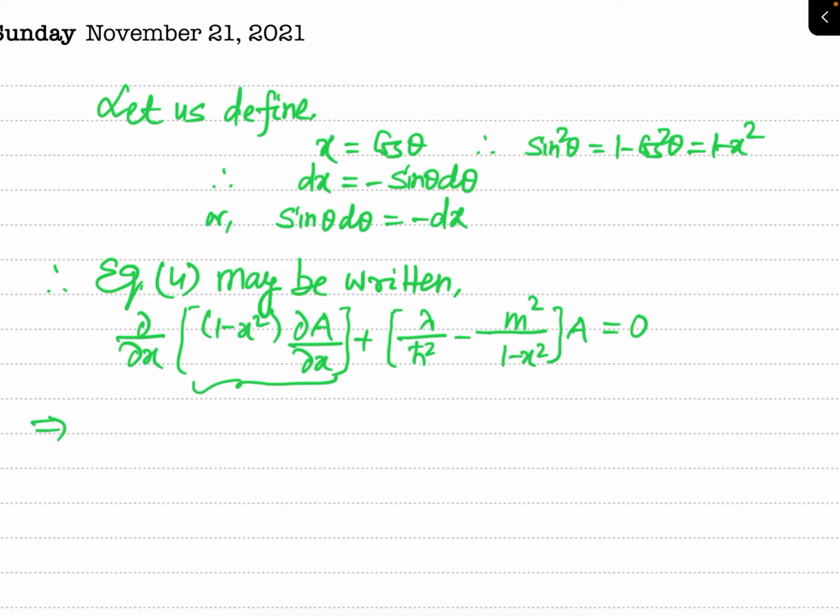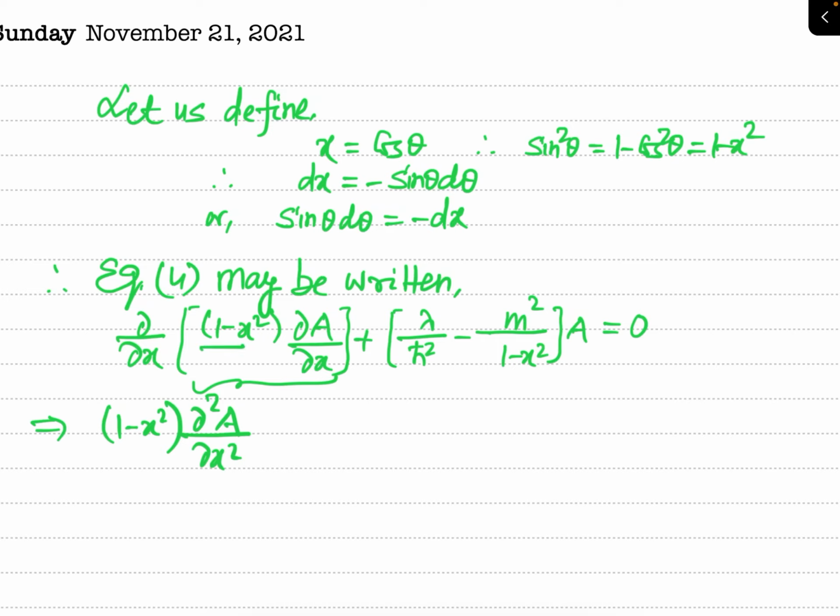So we will follow the rule of differentiation of a product of two functions in this first term, and you can see this will be 1 minus x square times del 2a by del x square.